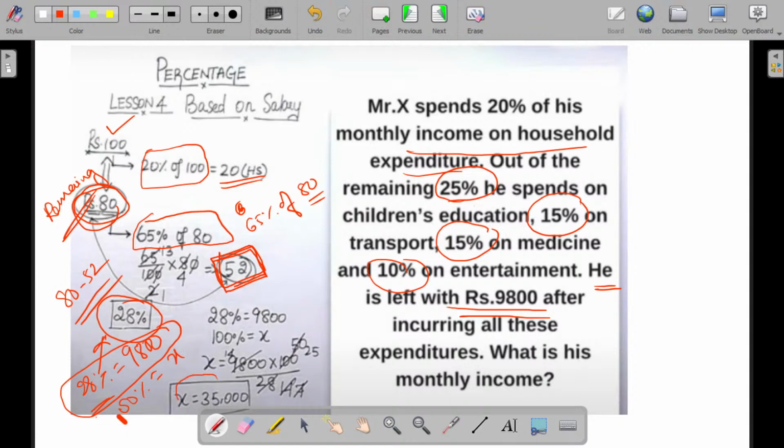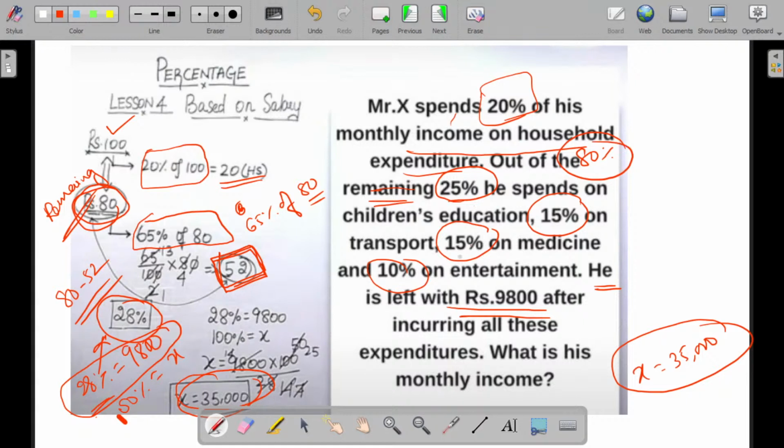So here x you will get 35,000. Okay, so remaining is very important here. Out of the remaining means 20% is spent, so remaining is 80%. Out of 80 percentage they are using the 65 percentage here.